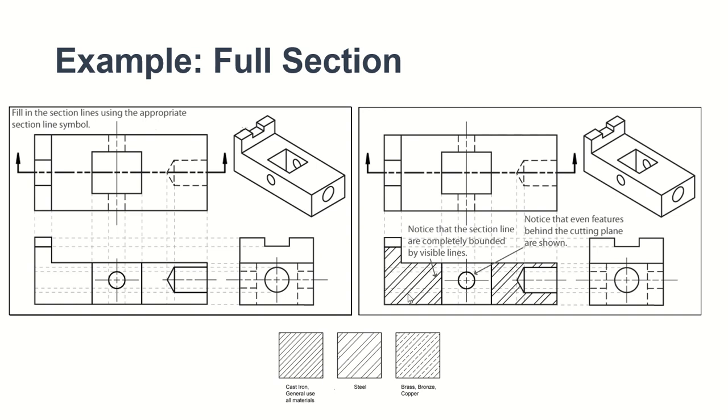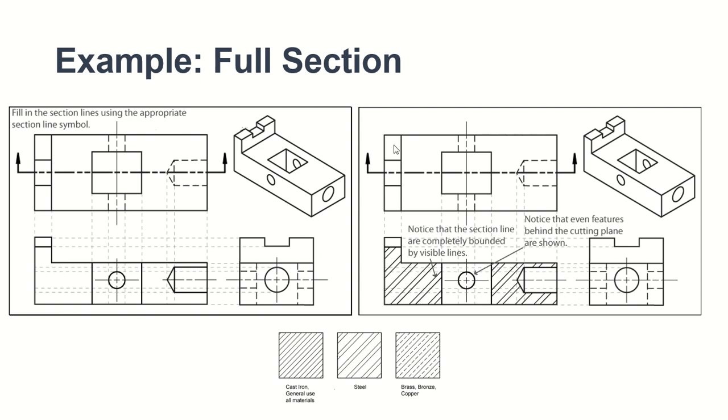Notice, look at that. The section lines are completely bounded by the visible lines. You don't have to use the hidden line when we draw the section view. This is not your front view. This is inside of the front view. So instead of your normal front view, we're drawing this section, the interior part.